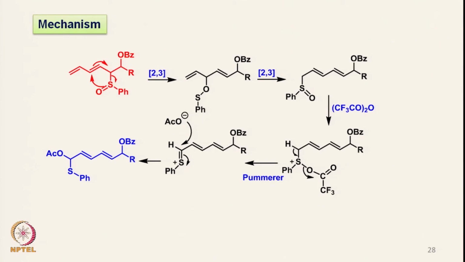Now as you can see, after the aldol type of reaction, one gets this part, R is the remaining side chain of the aldehyde, and this is the benzoate which is coming from the aldehyde. Now this is what is your internal sulfoxide and this diene is a terminal diene.